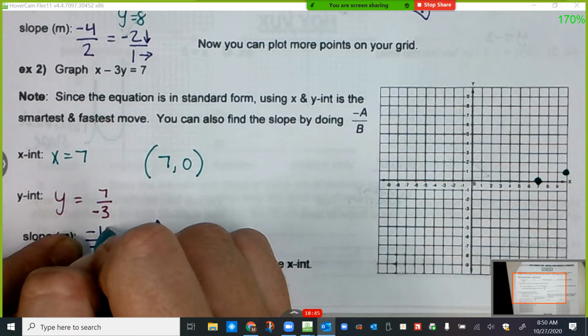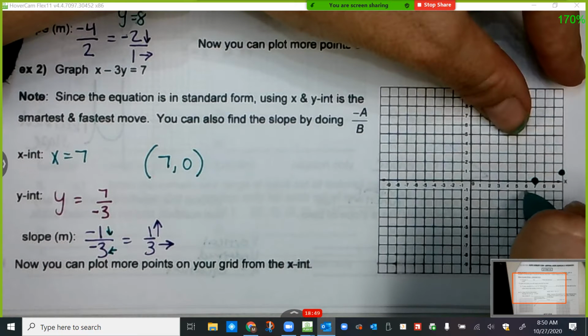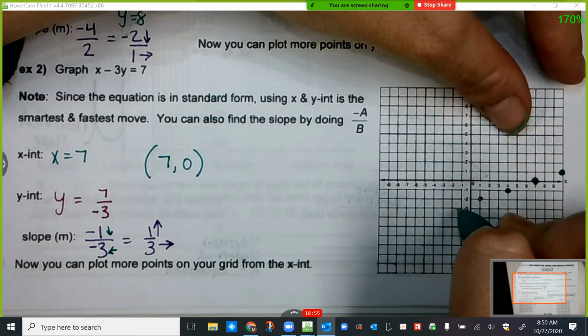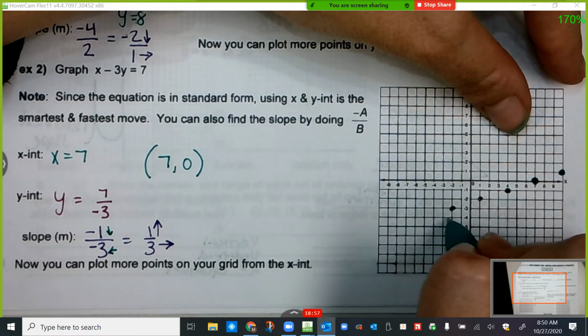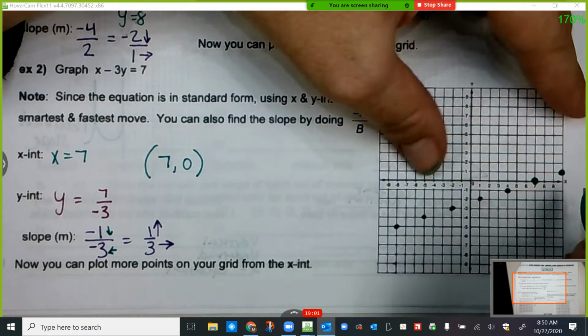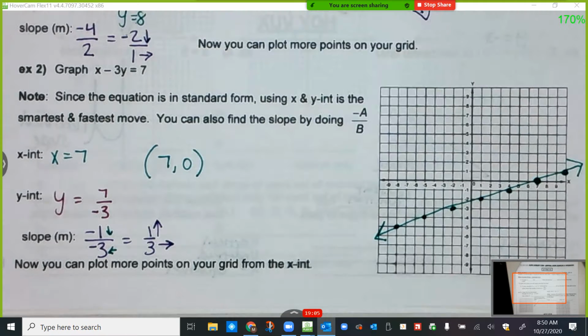So I can go down 1, left 3. Any questions with that? Comments, concerns?